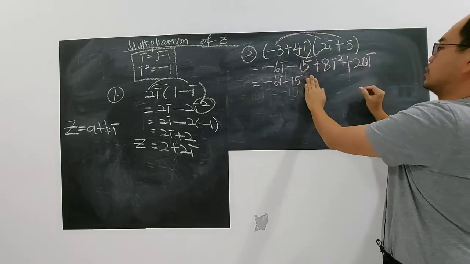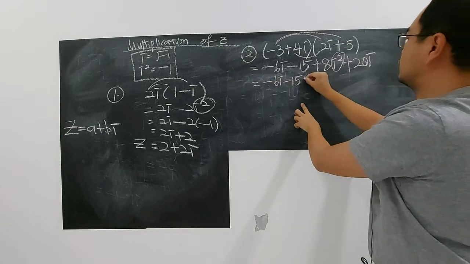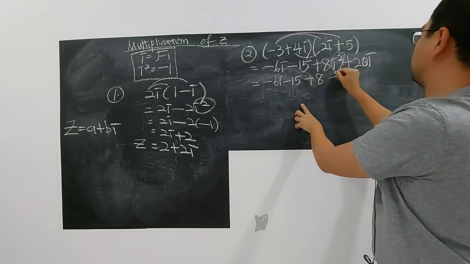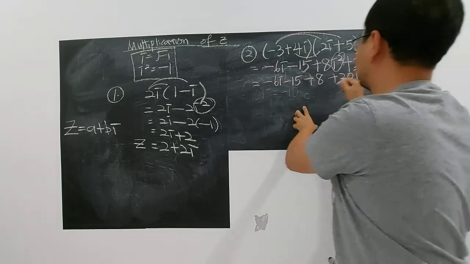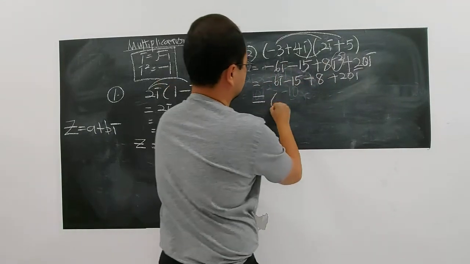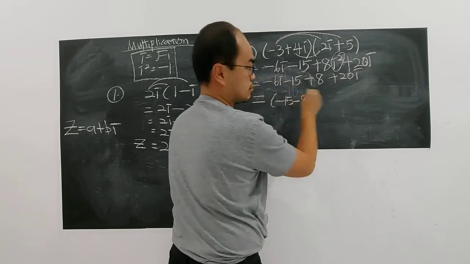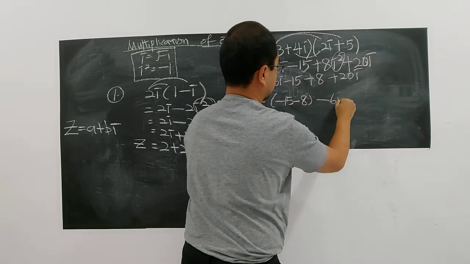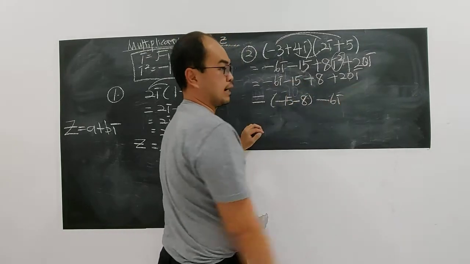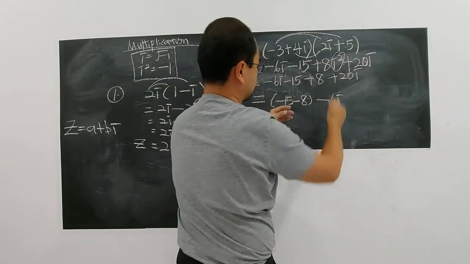What will this become? i squared is negative 1, so you get negative 8 plus 20i. The real ones you write in front, and the imaginary ones you put at the back.